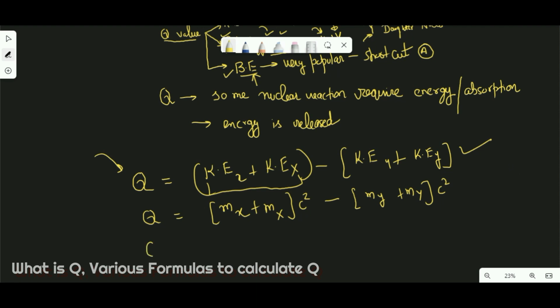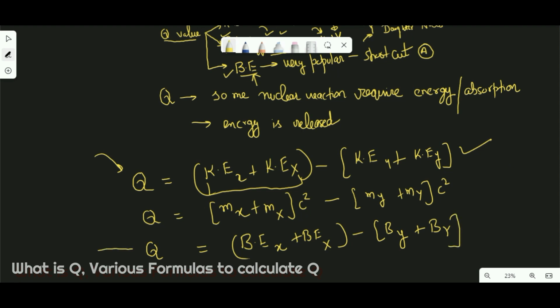And the third way you calculate the Q value of a nuclear reaction is using the binding energy. So calculate the binding energy of capital X, and then subtract the binding energy of the right hand side after the collision.